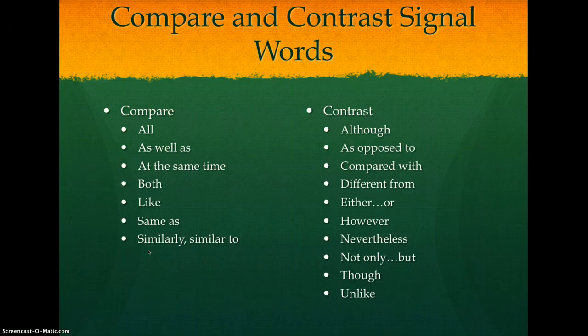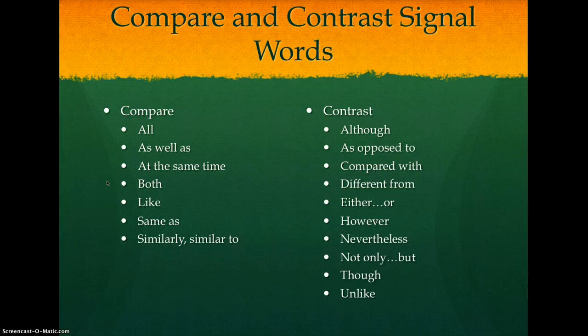When you're reading a text or watching a video, it's important to look for comparing and contrasting signal words. If you look at compare, you may look at keywords like all, as well as, at the same time, both, like, same as, similarly, similar to.